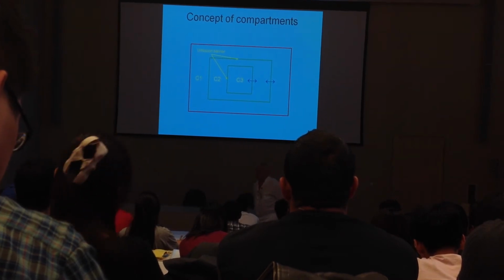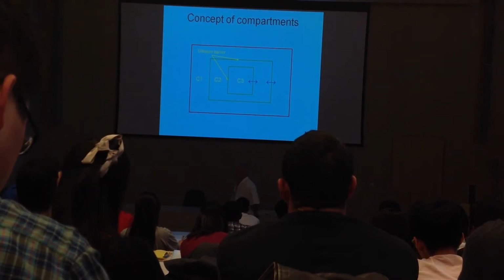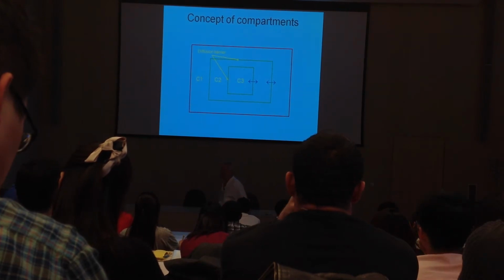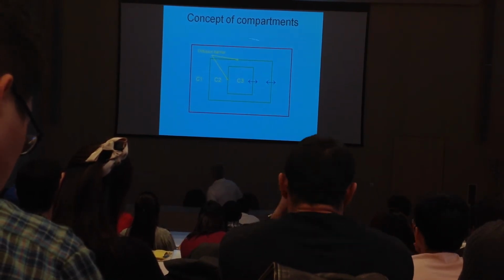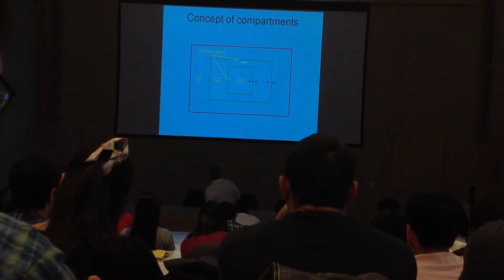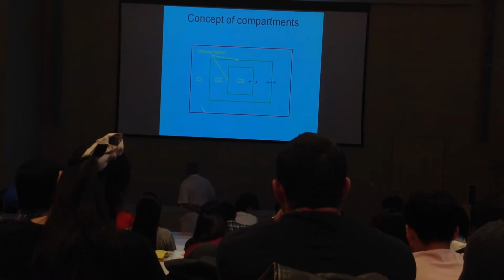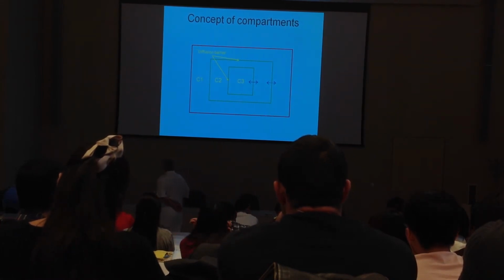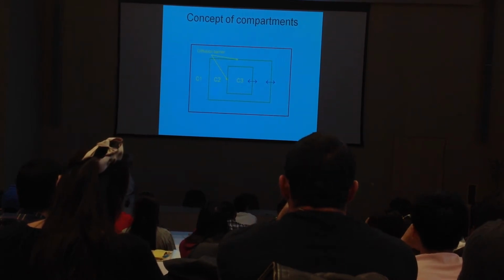In our body, we can distinguish several subcompartments. If this red square is the total body, within this space we have subcompartments. So we have compartment, subcompartments, and diffusion barrier as terms.